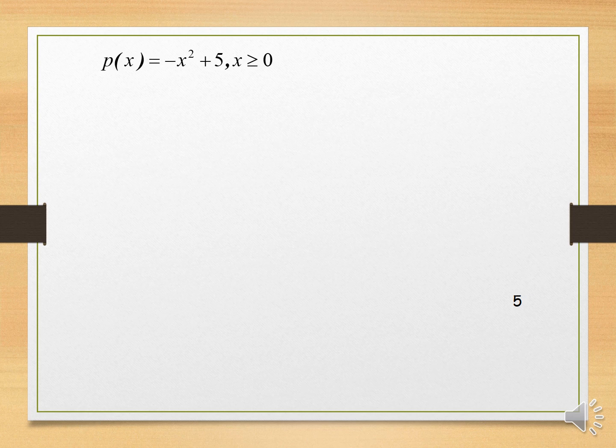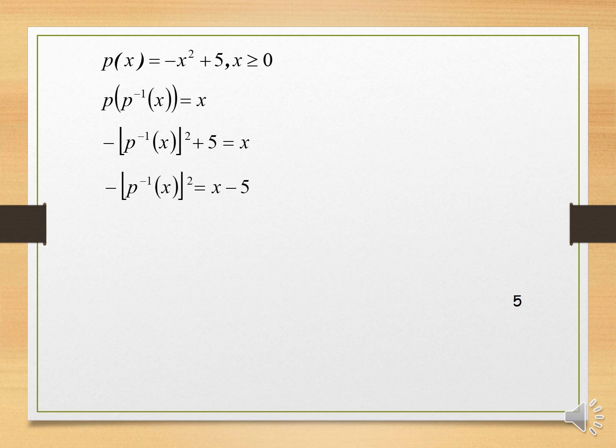Now we want to find p inverse. When p(x) equals negative x squared plus 5 in the domain x more than or equal to 0, by using p composite p inverse x equals x, we get negative (p inverse x) squared plus 5 equals x.